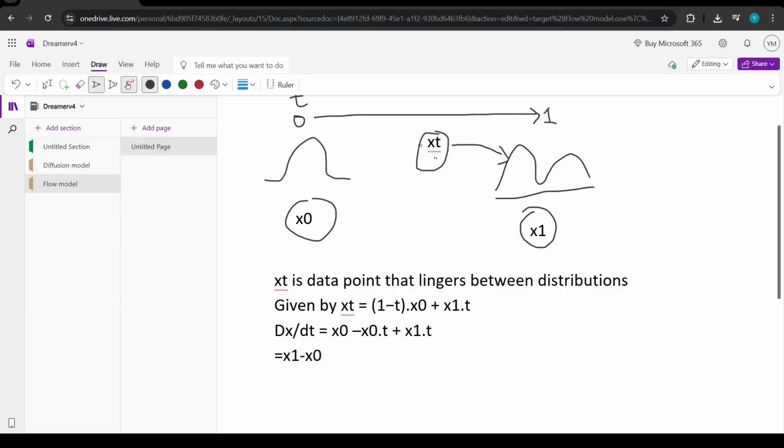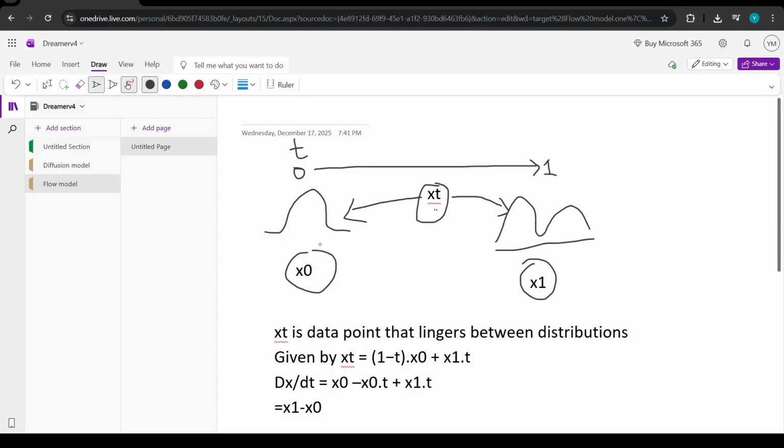If it went in this direction, it would not work because it goes to the Gaussian noise. So it has to learn the direction, and how much magnitude it should go in that direction. It can't just skyrocket and go to the other distribution. So it has to learn both magnitude and direction, and also the speed at which it goes. So this whole thing gives us a velocity.